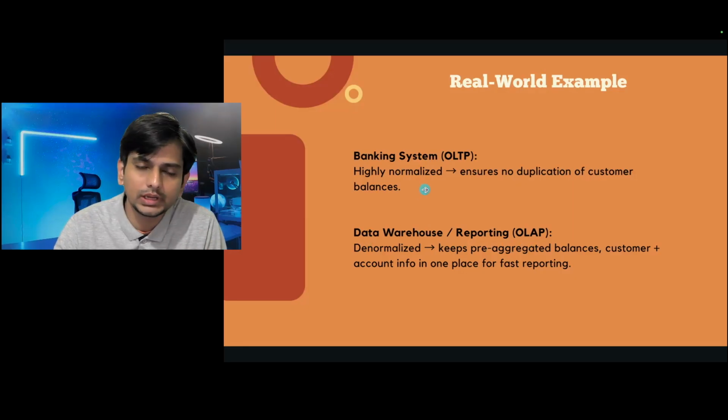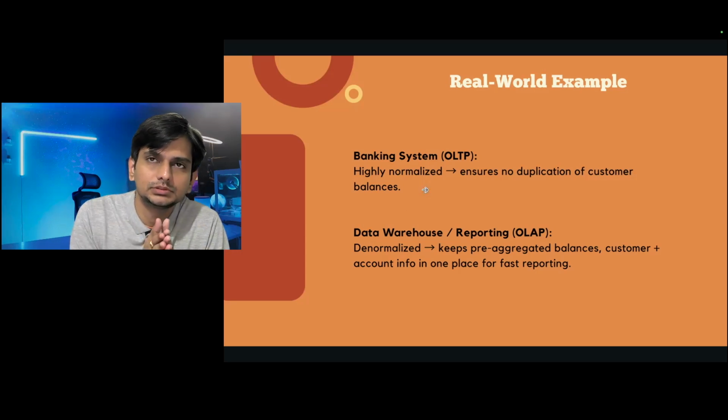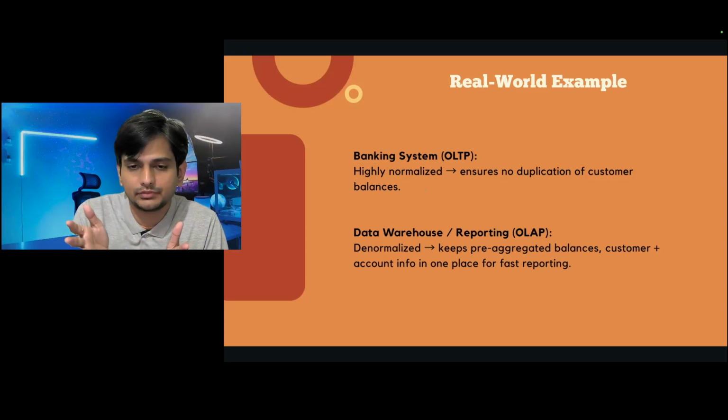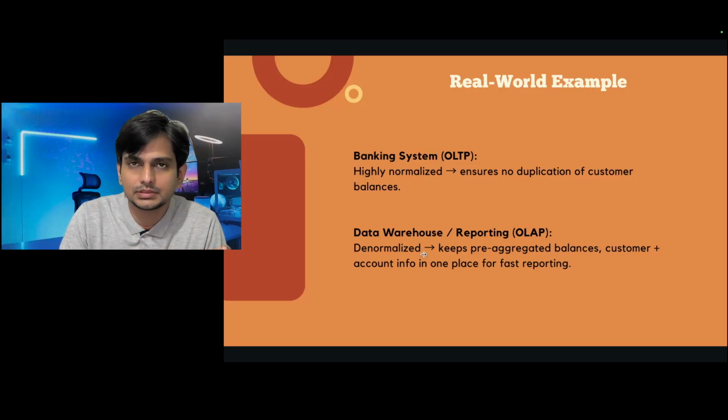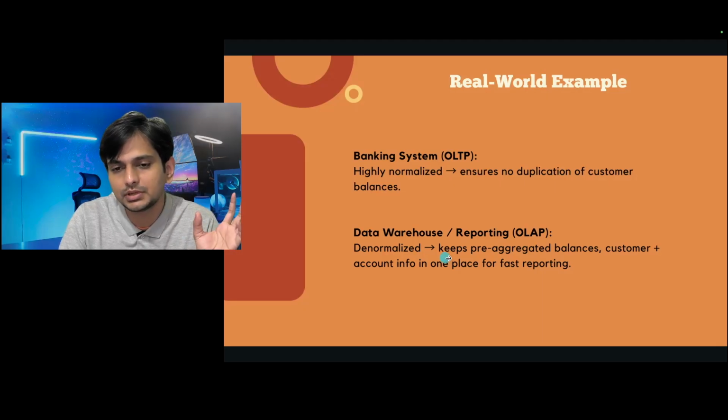So basically OLTPs are where you pull the data from, right? And OLAP is where you make the reports and dashboards. You create reports and dashboards based on the data you get from OLTP systems. So this is where you denormalize the data which you got from OLTP systems, generally, and keep them pre-aggregated.